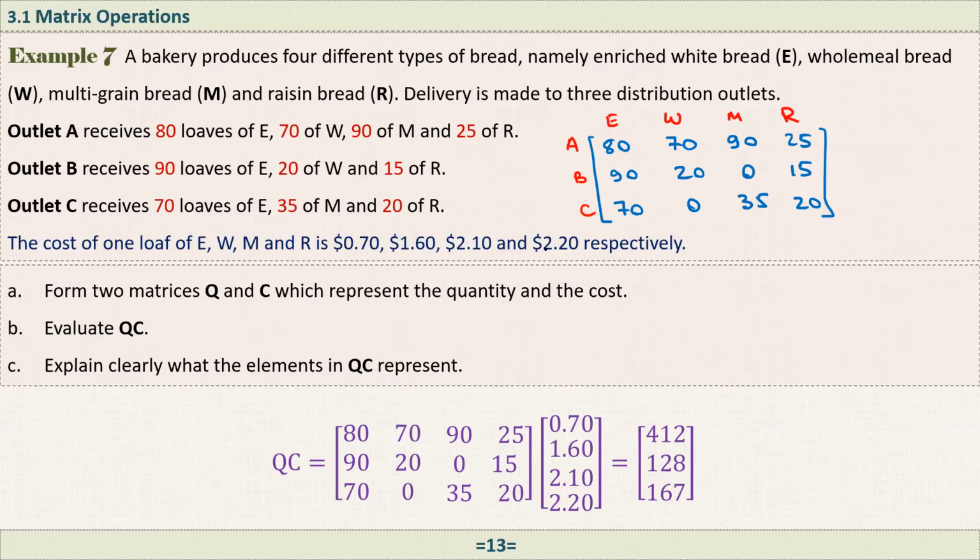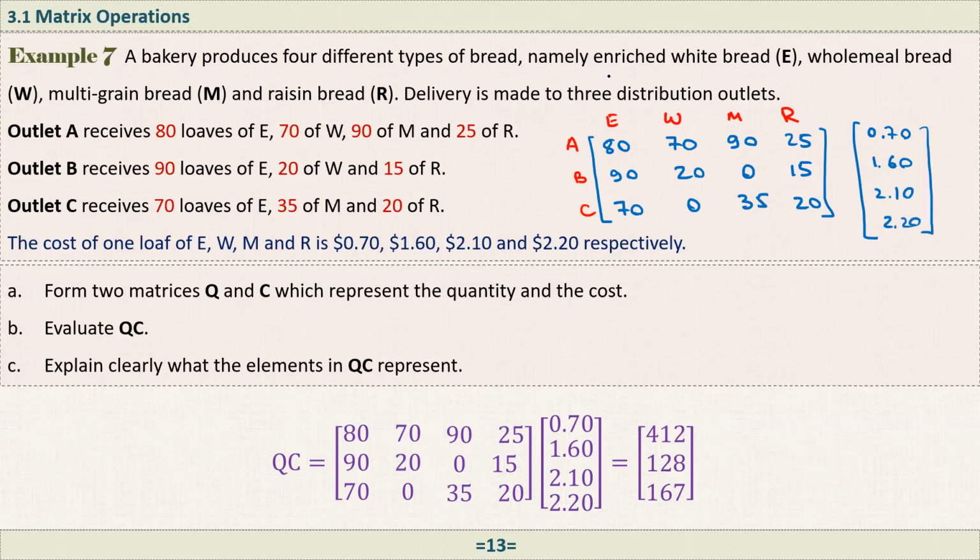Now also the unit prices are given here, the unit price of E, W, M, and R. So I can write it as unit price Q, so that we can multiply this. The first one is 0.70, the second one is 1.60, third one is 2.10, and 2.20.